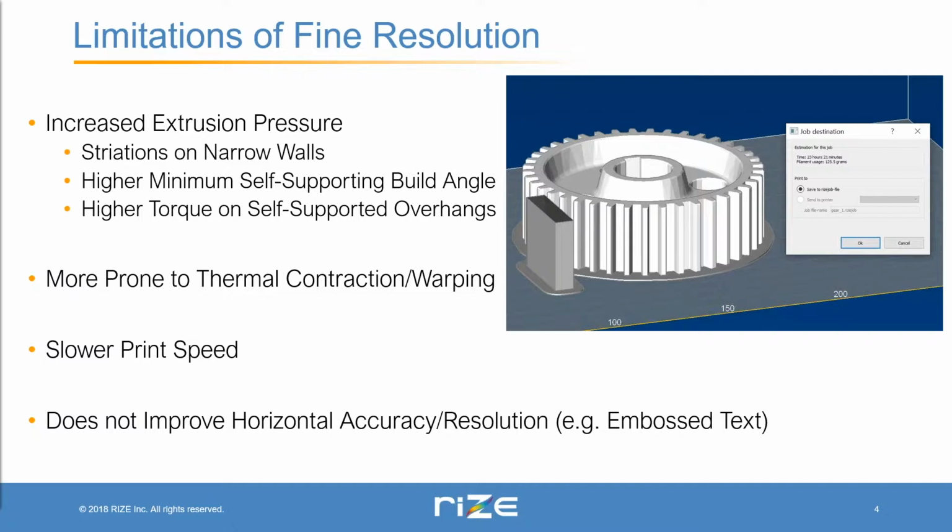So in some special cases, it can improve horizontal surfaces, but this is more a side effect of different ways that fine and standard resolution are sliced, rather than an effect on the way that it's actually printed out. And that's not a very reliable effect. So typically you should not assume that using fine resolution will improve a horizontal surface.